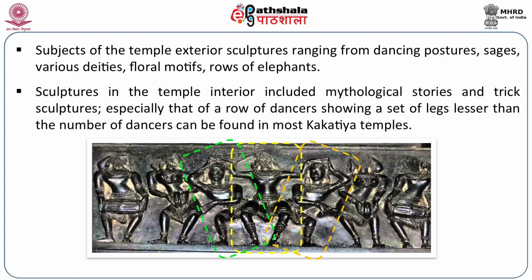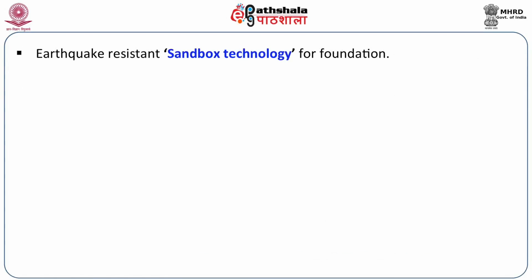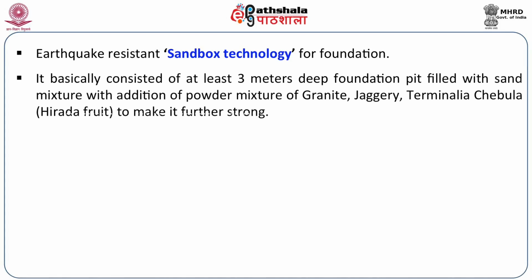The foundation was built using the sandbox technology. It was made earthquake resistant. Basically, it consisted of a 3 meter deep foundation pit that was filled with a mixture of sand, powder of granite, jaggery, and powder of a fruit called hirada or Terminalia chebula to make it strong.